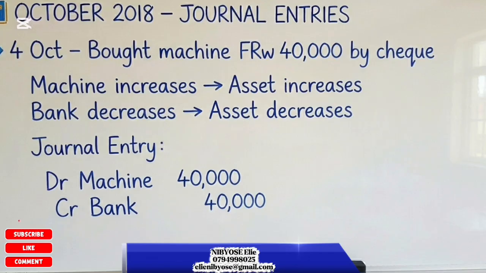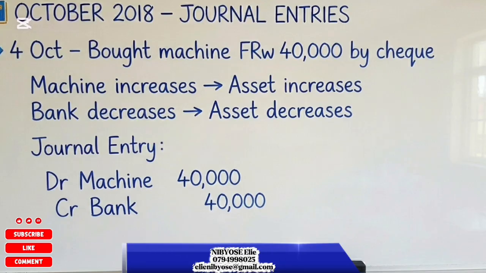We are also going to debit machine as an asset, because remember that an asset increases when debited. So we debit the machine account by 40,000, and also we credit bank account by 40,000, because the bank account is an asset, but here it is decreasing, and an asset decreases when it is credited.